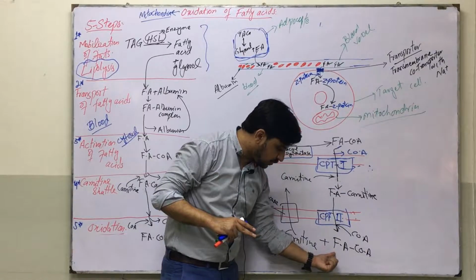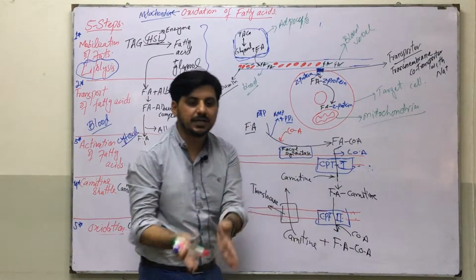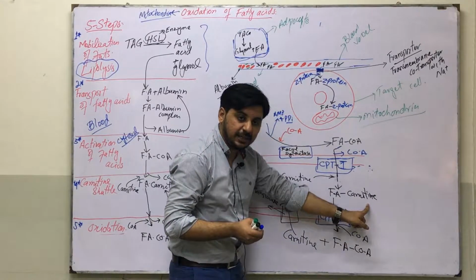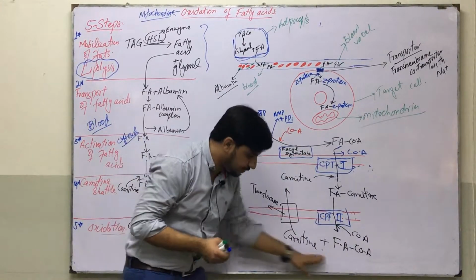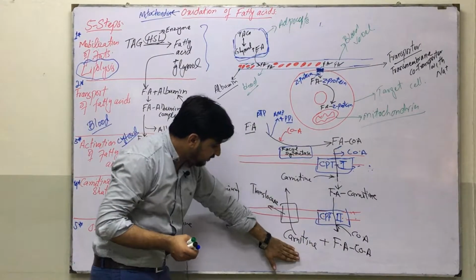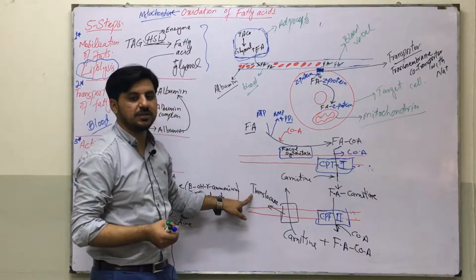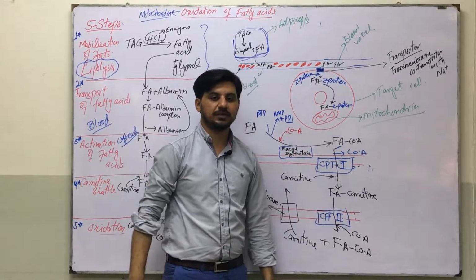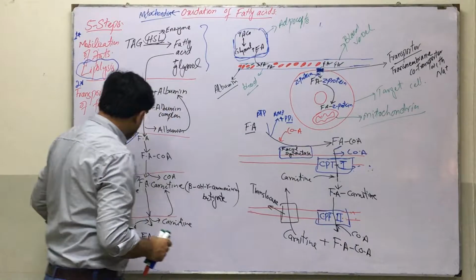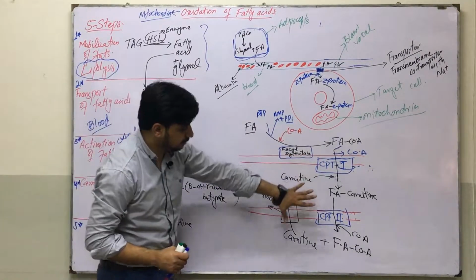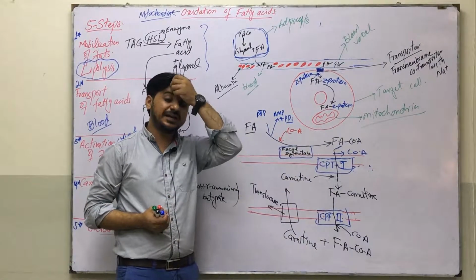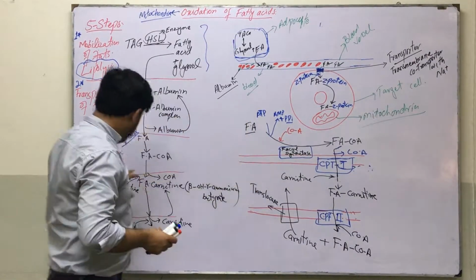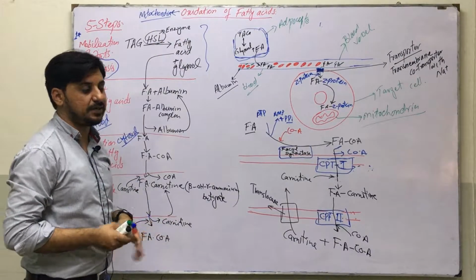With the help of CPT2, it will enter into the matrix, but as it enters, the CoA portion will be added to the fatty acyl portion and carnitine will be removed, as you can see. This carnitine will go back to the space with the help of translocase enzyme. Now it is again available for the formation of another fatty acyl carnitine complex. So this was the fourth step, and this shuttle system is named the carnitine shuttle system, and this is the fourth step of oxidation of fatty acid.